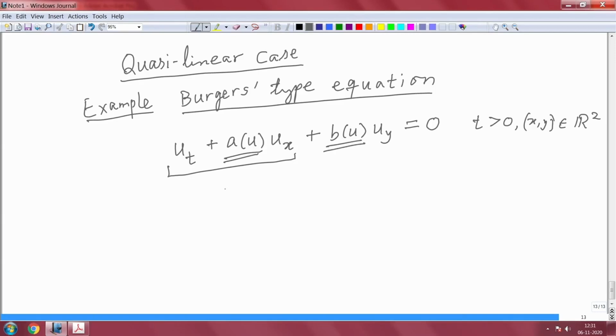Okay. So, let me again use the variable t itself as the parameter for the characteristic.